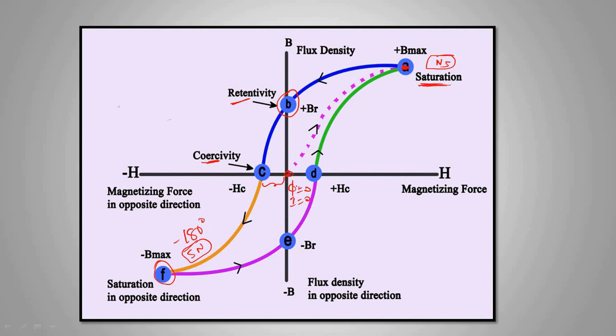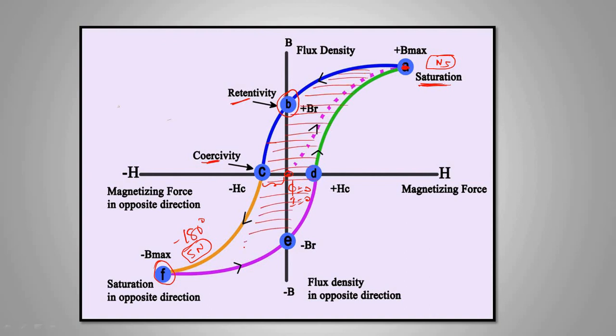Because of that, the residual flux will exist. To make that residual flux 0, we have to apply the additional positive magnetizing force, that we will call the coercivity.